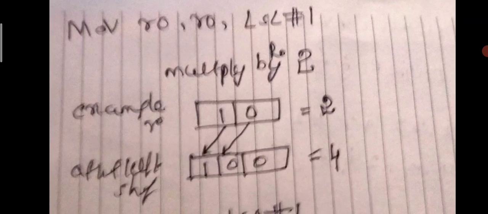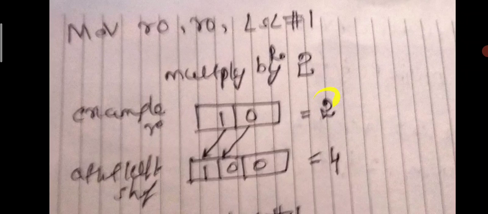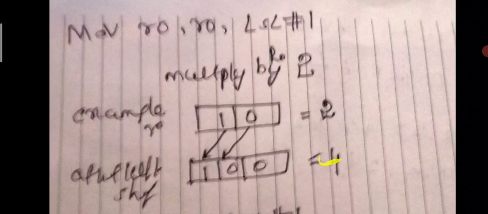So the initial value was 2, and after logical shift by 1 bit it is 4. Always remember, logical shift left is nothing but the given value multiplied by 2. Logical shift by 2 multiplies the given value by 4. Remember these things.